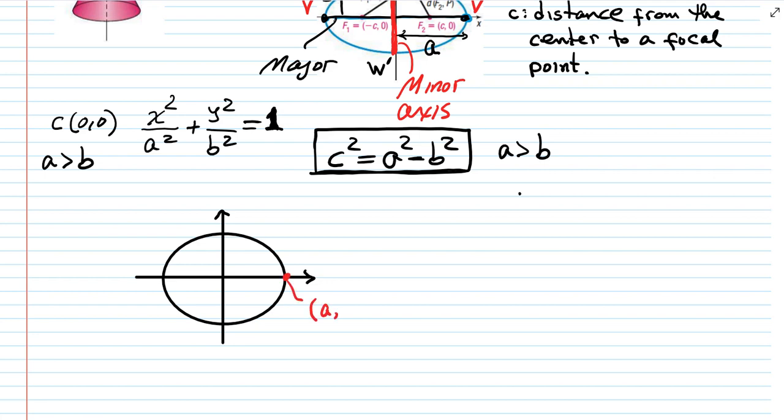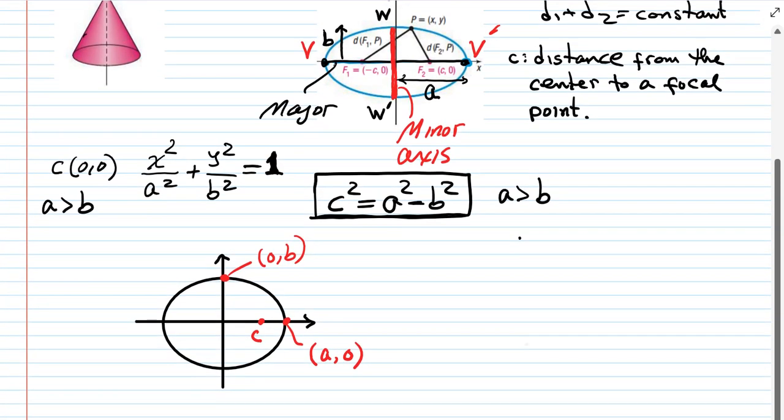This point is going to be A, 0, because again, the center is at 0, 0. One of the co-vertices is 0, B. And this is where C is. And that's the ellipse that goes with the equation that I have.